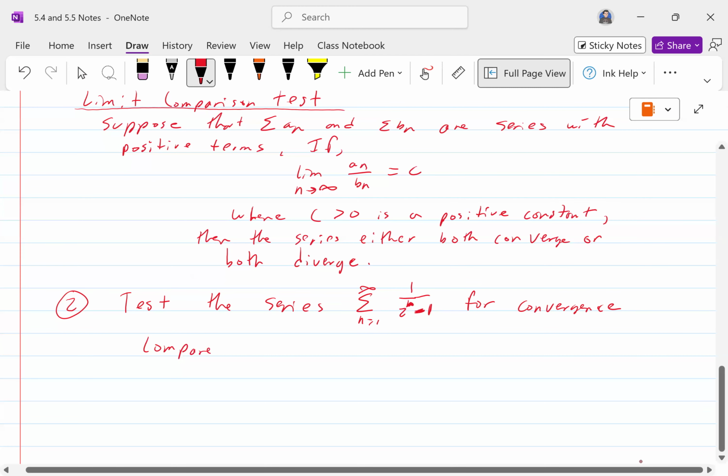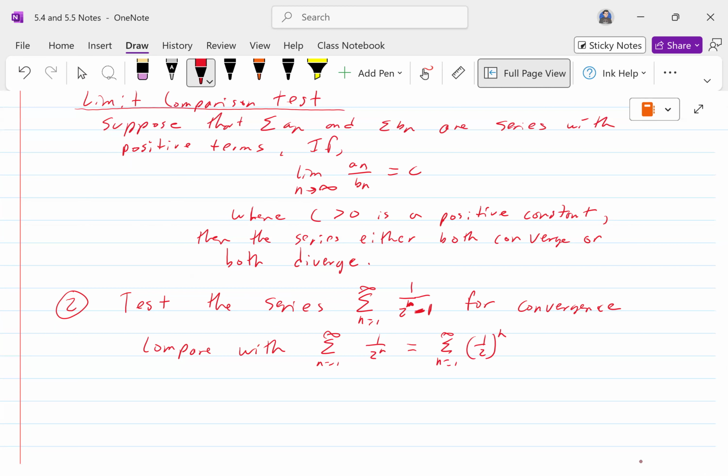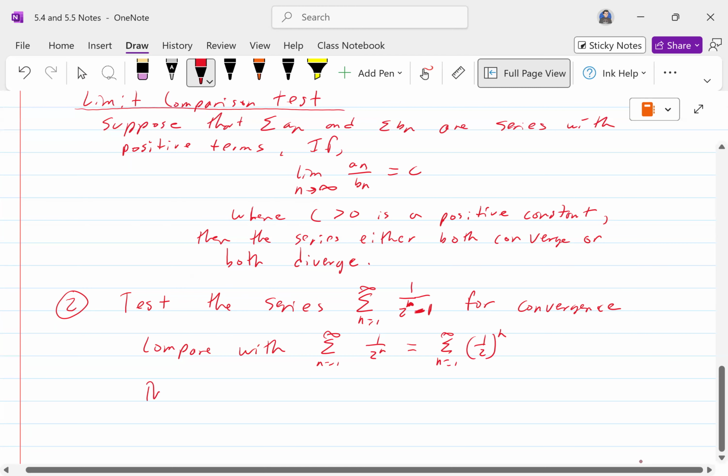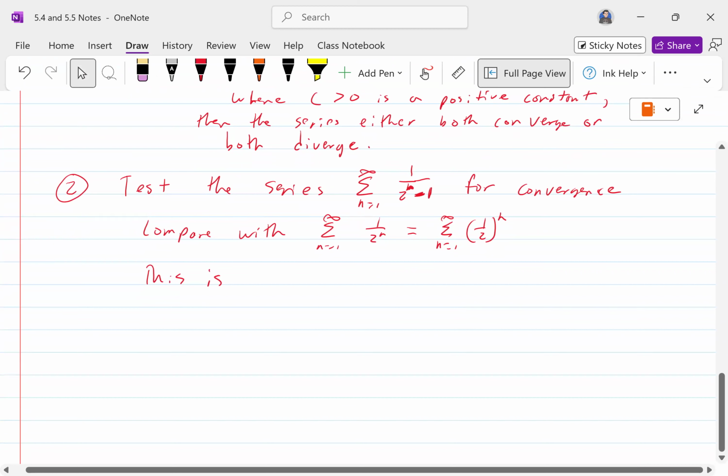Let's compare with our known series, n equals 1 to infinity of 1 over 2 to the n, which can be written as the sum of (1/2) to the nth power, a known convergent geometric series with r equaling 1/2.